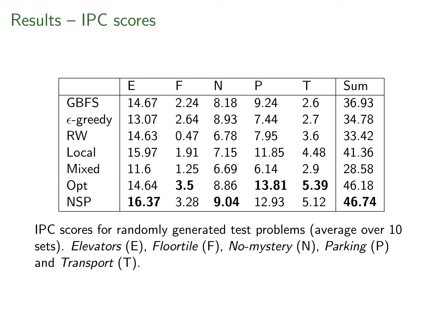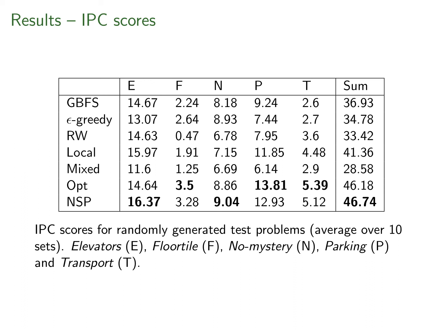We compare against search algorithms corresponding to our constituent search techniques on their own. These are greedy best first search, epsilon greedy search with random walks, and local search. Then mixed is an instance of our parametrized search routine where we set all the parameters manually to make a balanced use of all the search techniques.